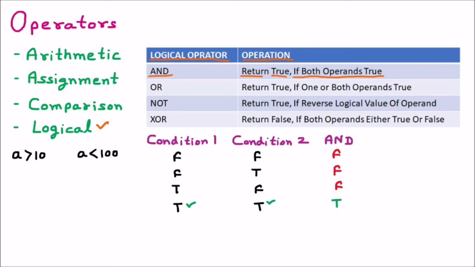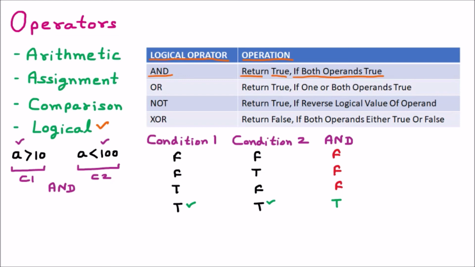These are the two conditions: the first one is condition 1 and the second one is condition 2. Now let's say I want a certain number to follow both properties. In that case I will apply AND in between. So condition 1 should be true and condition 2 should be true. If both the conditions are true, only then this AND will work.